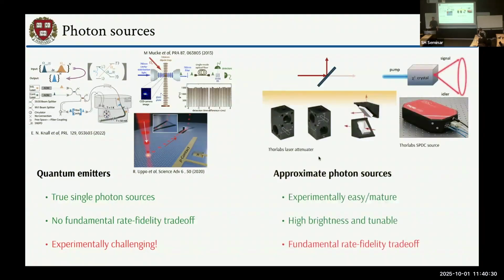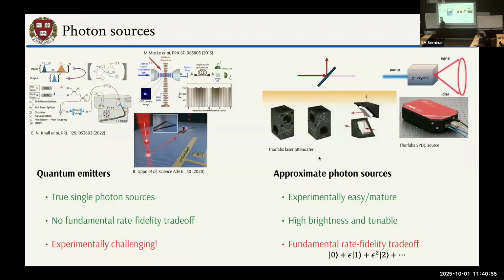So what most labs do is they don't use these. They use approximate photon sources, and a laser can be a good approximate single photon source. You just attenuate it, attenuate the hell out of it. Then in most cases, there's nothing, and there's a small probability you have a photon. There's also a small probability that you have two photons, and even smaller, three photons and whatnot.